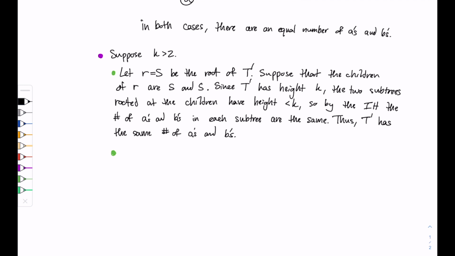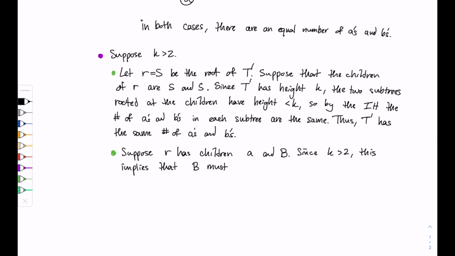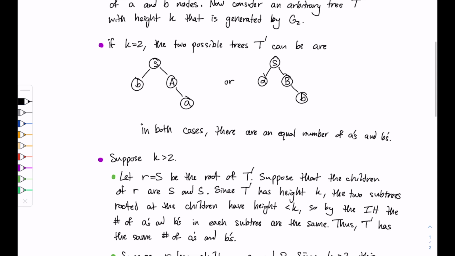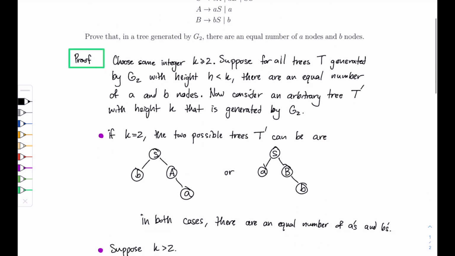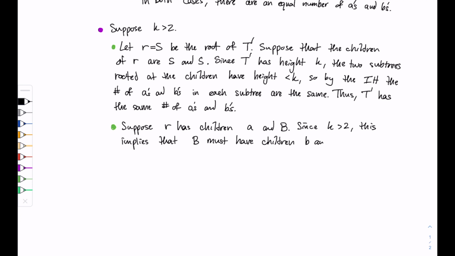Okay, so suppose R has children A and B. Since k is larger than 2, this implies that B must have children, let's see, must have children B and S. Now, before I keep going, why must this be true?